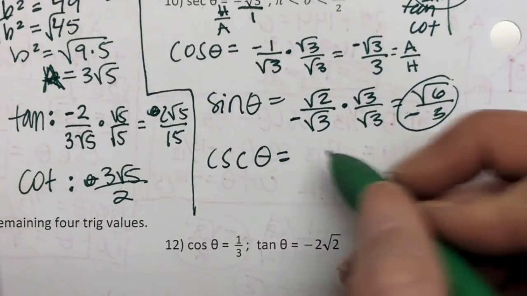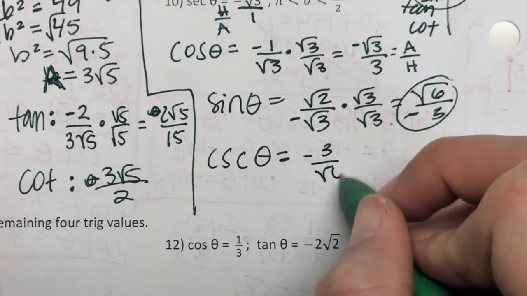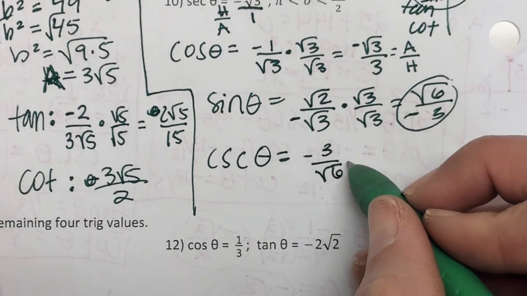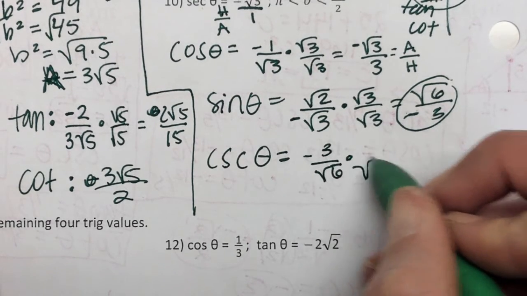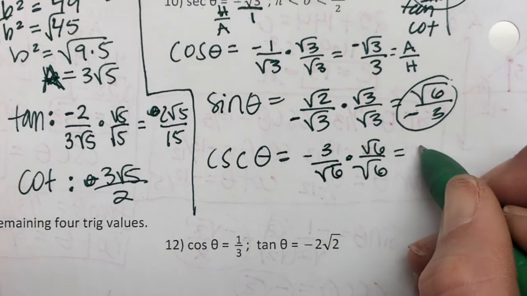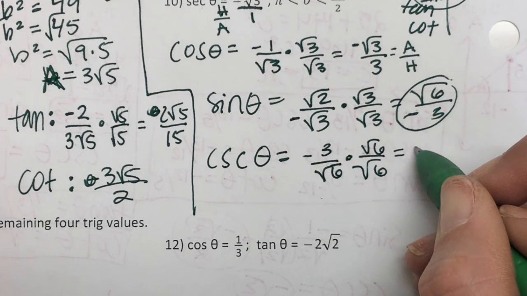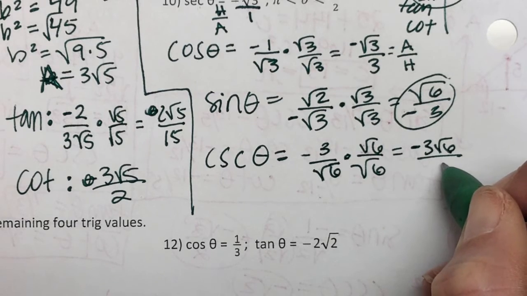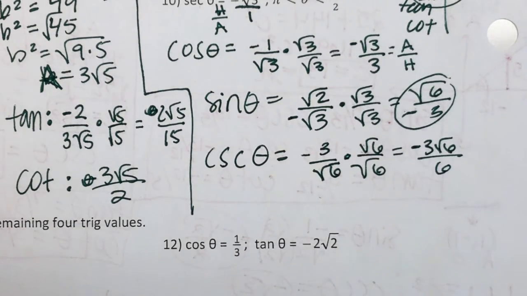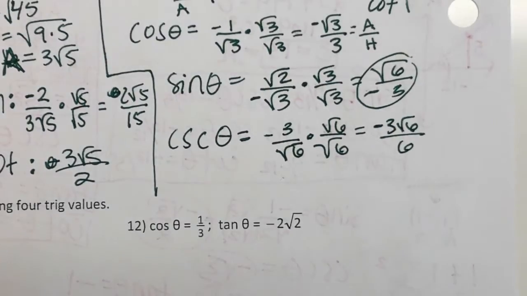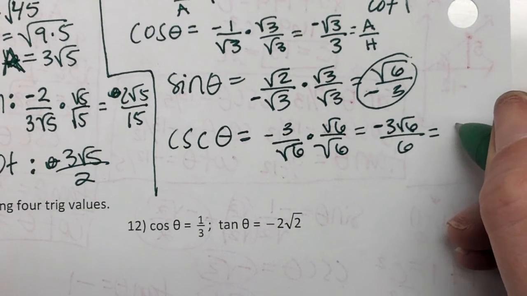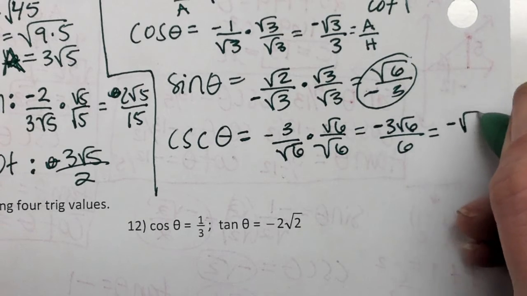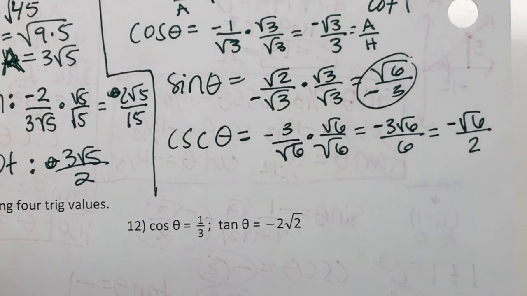Okay, so it'd be negative 3 over square root of 6. We'd have to multiply the top and bottom by what? Square root of 6. So on top we get what? Over. Good. Can we simplify this part? Yes. We can simplify what's on the outside. So it'd be what on top? Over. Perfect.